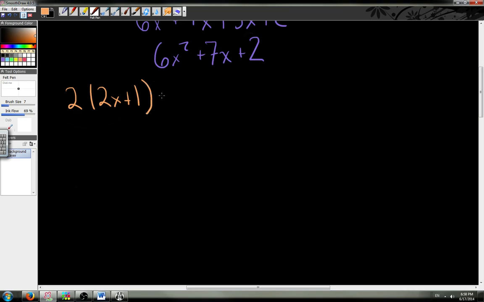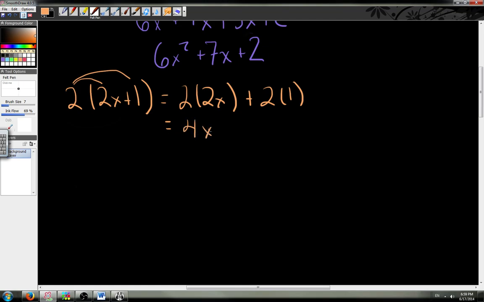The way we're taught to simplify it is to multiply the 2 by each of the terms of the binomial. So we distribute: 2 times 2x plus 2 times 1. So this simplifies to 4x plus 2.